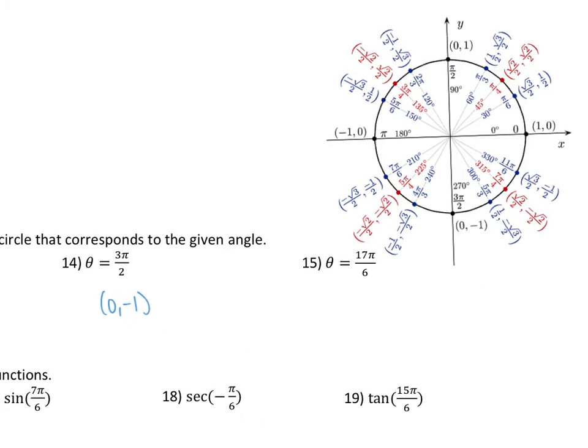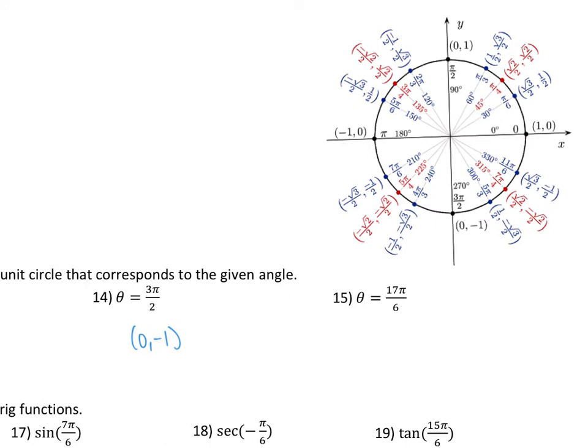And last here, 15 is 17 pi over 6. This one's a little tricky, but I want you to write this as a mixed fraction because it will really help you out. If you think about it, 6 goes into 17 2 times, that would be 12, and left over is 5 pi over 6.